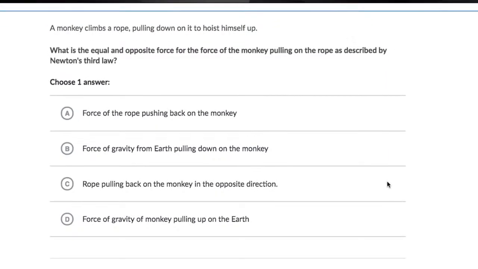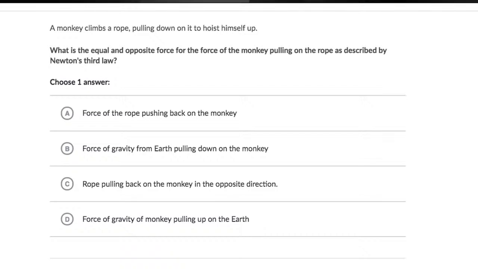A monkey climbing a rope, pulling down on it to hoist himself. A few more questions on monkeys, and very good and important questions. Next question. See this question on the screen. Okay, this is question number 3.